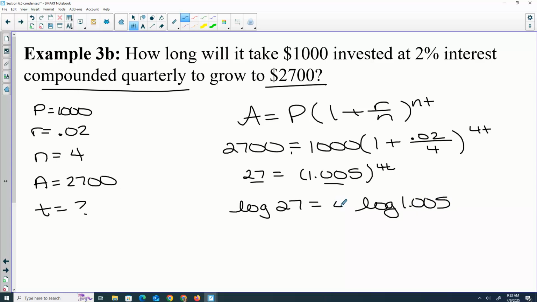So the 4t would come down in front. And so now, t is multiplied with all those things. So you just divide them. So we have log 2.7 divided by 4 log 1.005.